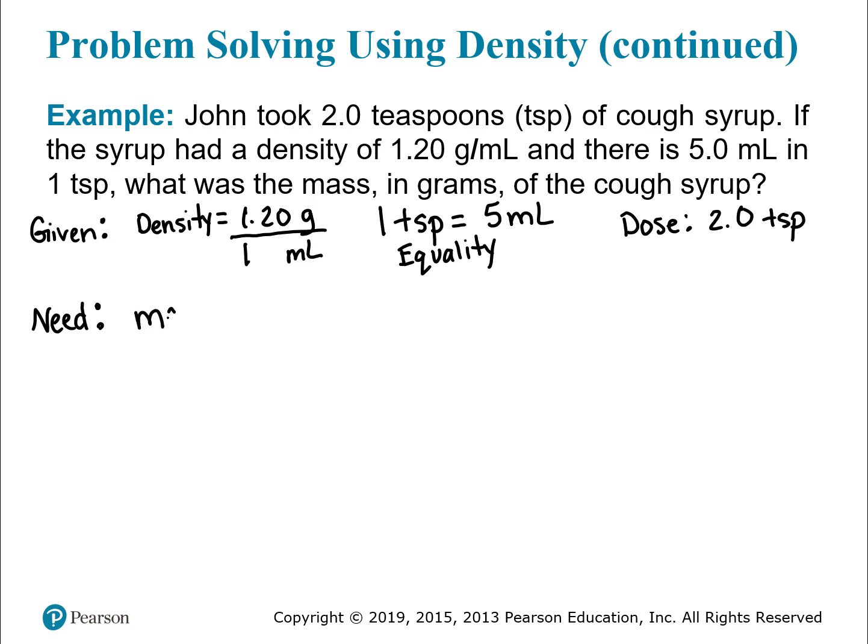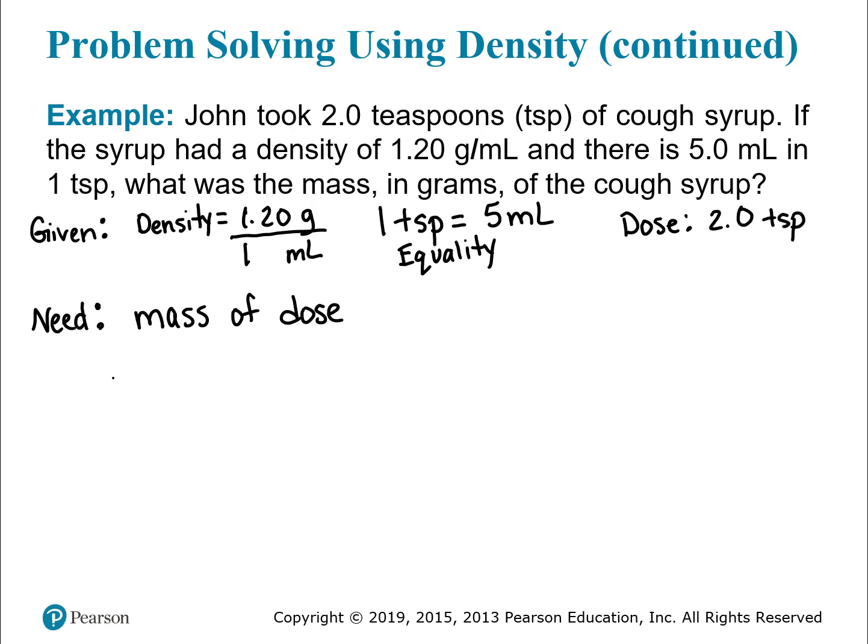We need the mass of the dose. Not just 1 teaspoon, 2. So we've got density, and we've got an equality that tells us how many mils are in 1 teaspoon. So let's go ahead and write some conversion factors.